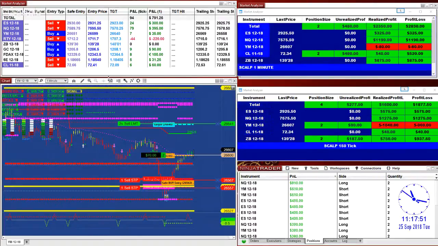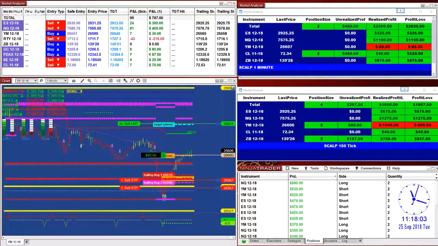For the ones who don't know where to look for the new signal, it will be here on the first column. This is a very nice liftoff on the NASDAQ, on the YM. We always try to make sure that you get one or two trades every day. We should have a new signal very soon on the ES and NASDAQ.